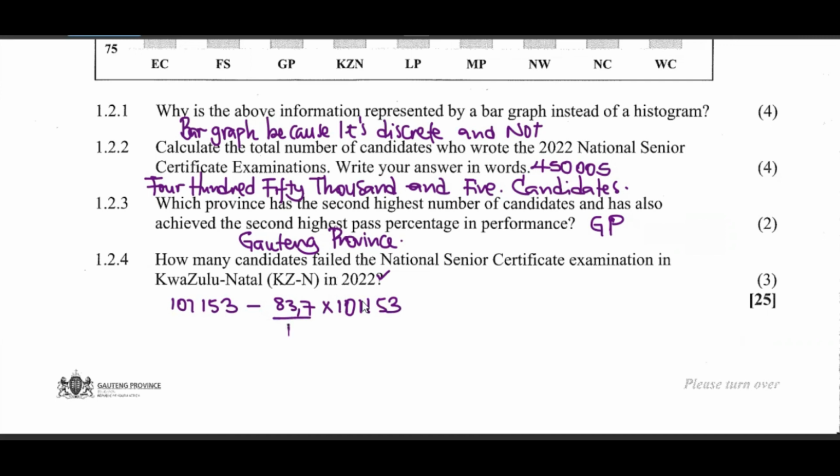This is a percentage, so put it over 100. Please let it be in brackets. What answer do you end up having? This will be this much minus this, so this is 84,665.061.